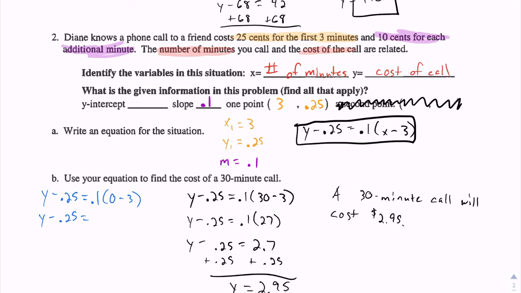So you have 0 minus 3, which is negative 3. Multiply 0.1 by negative 3, and you get negative 0.3. And then you have to add 0.25. And what you end up getting is y equals negative 0.05. So your y-intercept is 0, negative 0.05.